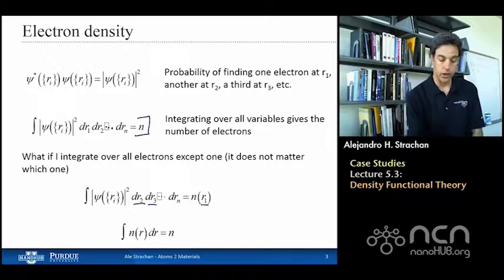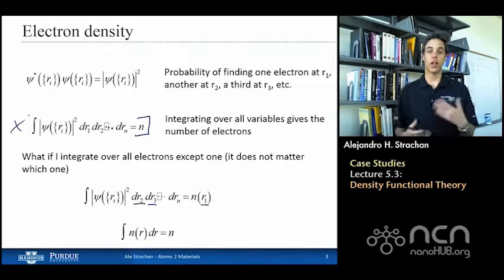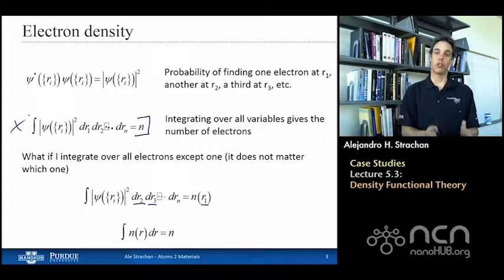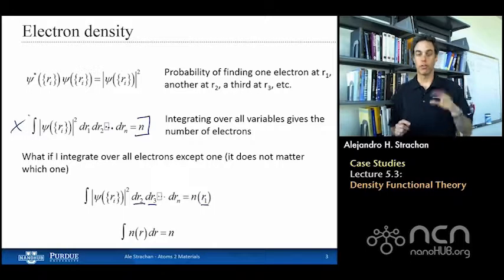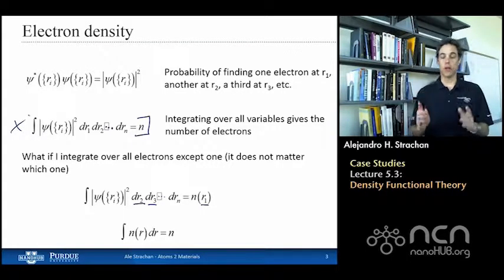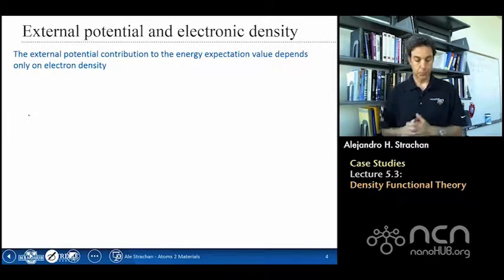That's what we got in the first equation. And that shows you that that's the electron density. So we have a definition of the electron density in terms of the wave function, and it involves squaring the wave function and integrating out all variables except for one.